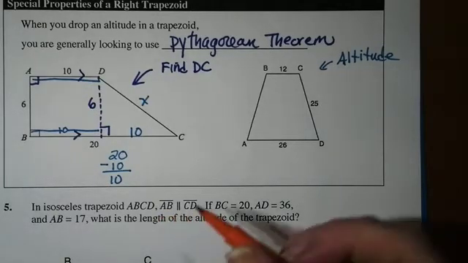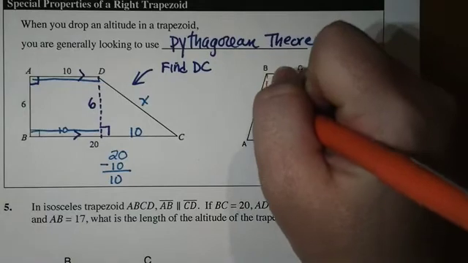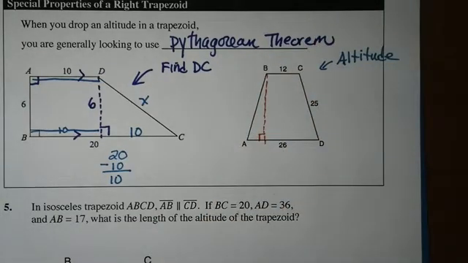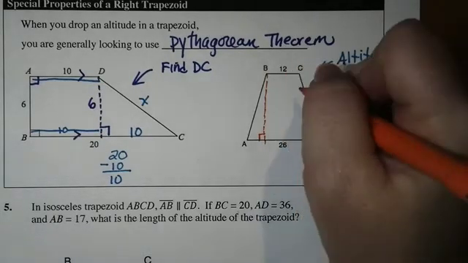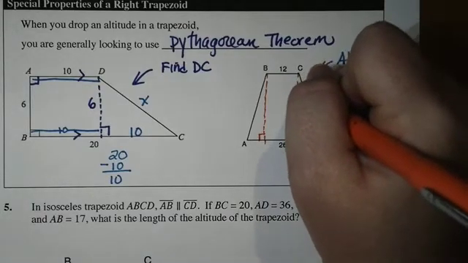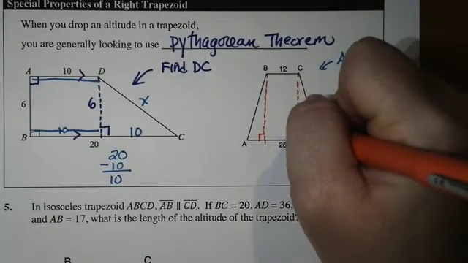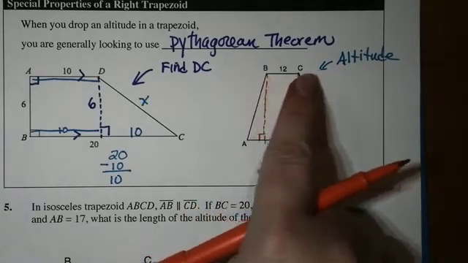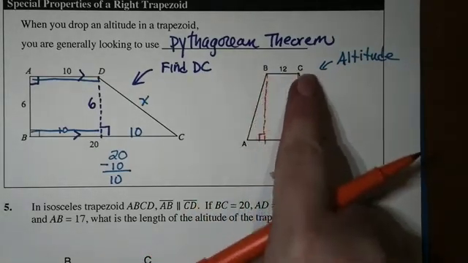You have to be willing to drop an altitude in a trapezoid. So that's a terrible looking altitude. I apologize for that. But the thing is here, if you really want to be successful with this, generally what you need to do is take the shorter side of your bases and drop both altitudes.